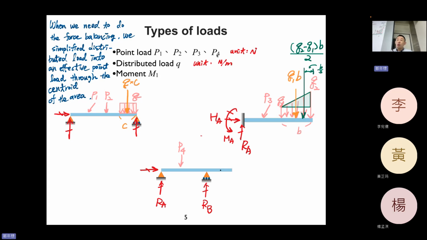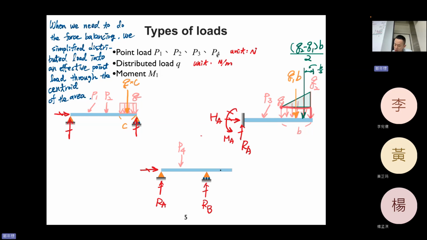But we need to notice that the effective load will go through the centroid of the shape, but the trapezoid is really difficult for us to determine the centroid. So it will be better for us to make it 2 parts. The first part is rectangular, which we're really familiar with, or triangle, we're very familiar with that as well.